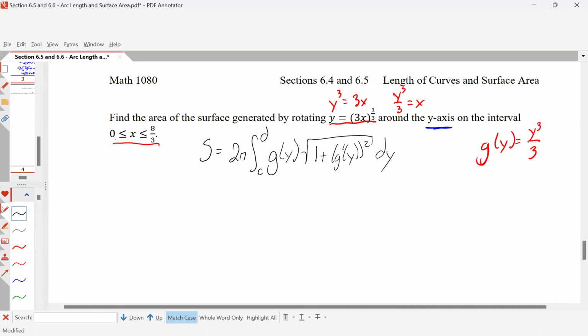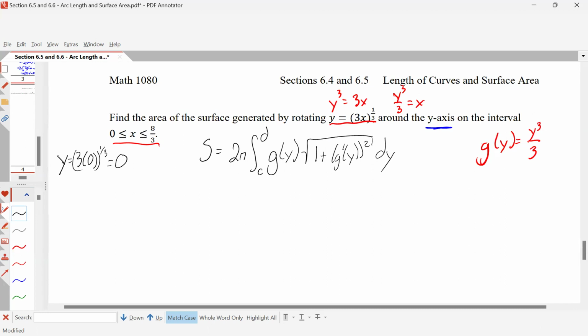And also switching our bounds into terms of y, since they're in terms of x, we're just going to plug these bounds of 0 and 8/3 into our equation. So we'd have y equals 3 times 0 to the 1/3, which is 0.